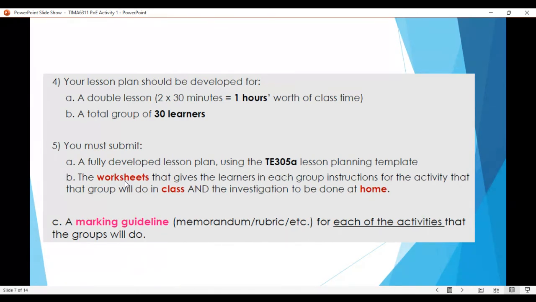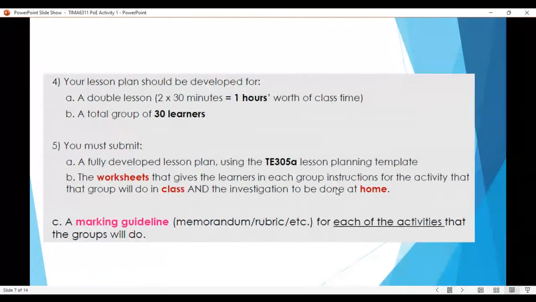Then you also need to give me a memo for each of those activities. So you're going to have different groups, and the different groups are going to do different activities in the class. Then you are going to develop an investigation, which the whole class will be doing the same one at home.